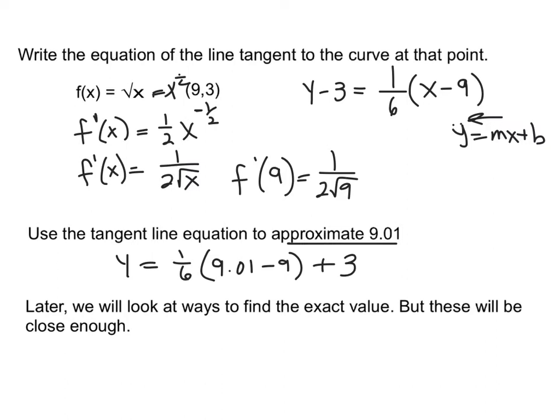When I put that in my calculator, I'm going to end up with 3.001666, because the square root of 9.01 is going to be a little bit bigger than 3. It's very close to the square root of 9, which is the value at the point. Later on we'll look at exact ways to find that value, but this helps us approximate it.